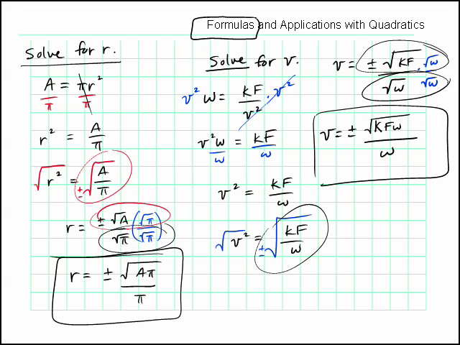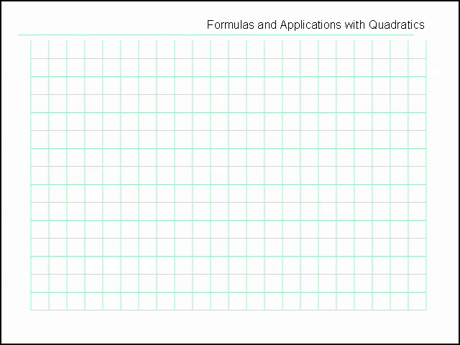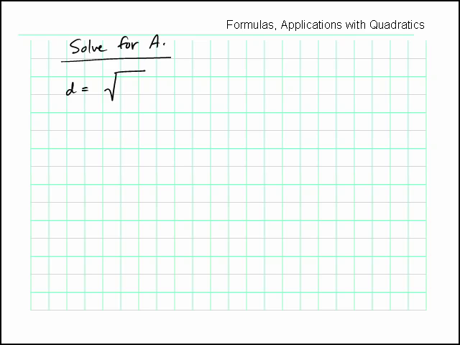Okay, here's another one. Solve for capital A. D equals the square root of 4A over pi.